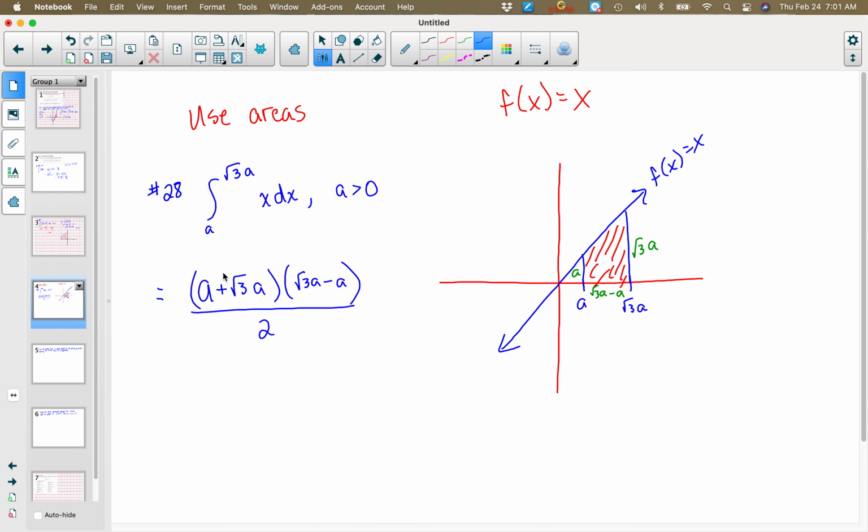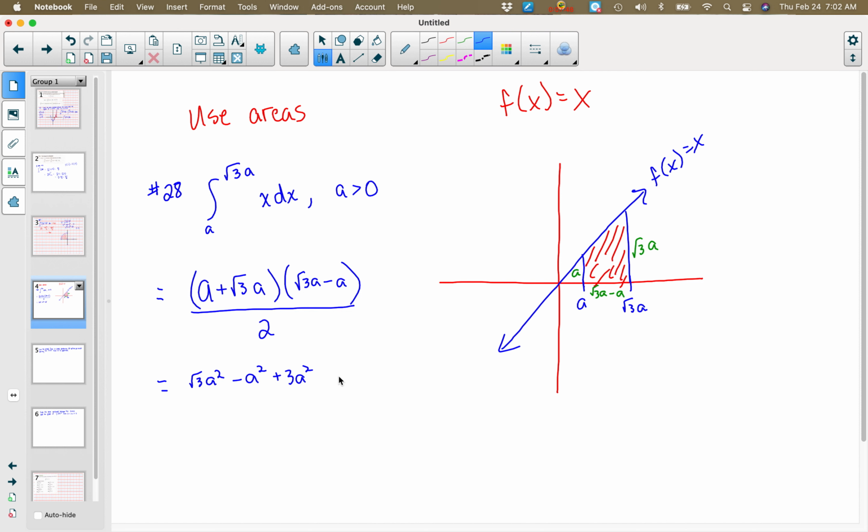And we could actually simplify this. As a matter of fact, I'm going to go ahead and do that because I'm noticing right here, if I FOIL this in the numerator, I'm going to have the square root of 3a, squared. The outside is going to be minus a squared. The inside is going to be plus 3a squared.